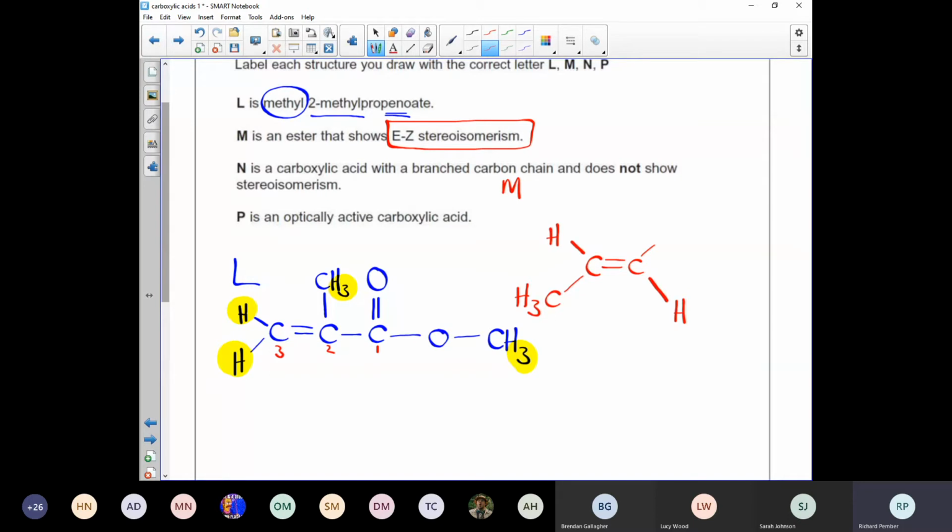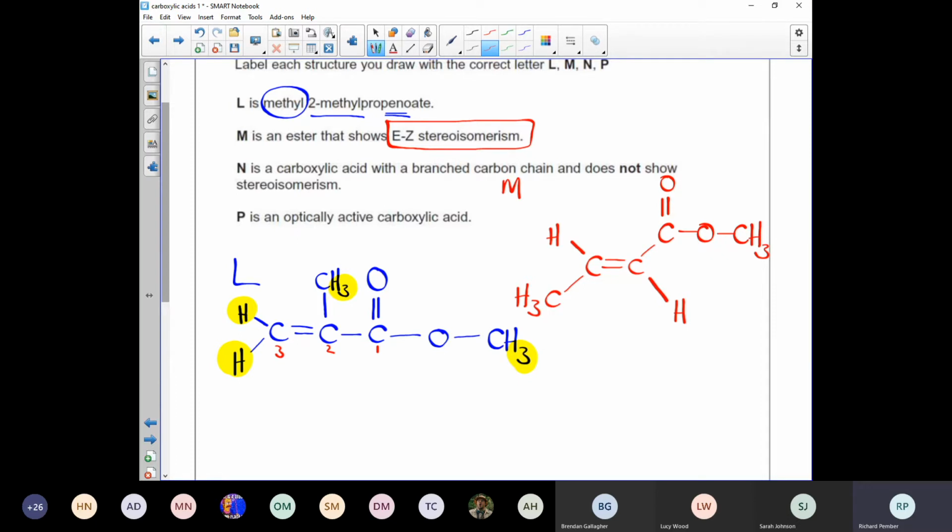I know that it needs to be an ester, so I've got a little bit of room for manoeuvre here. I think probably what I would do is just do that for my ester, just play it safe. It's definitely got EZ isomerism.